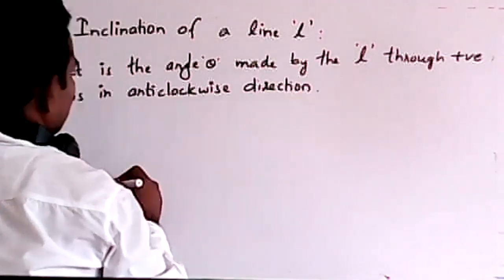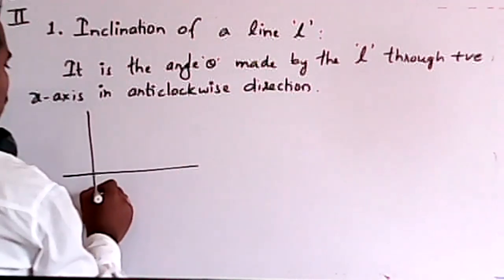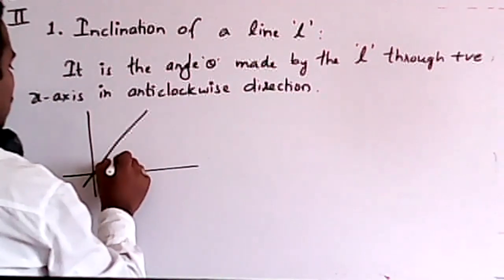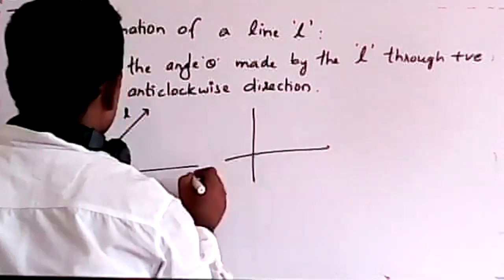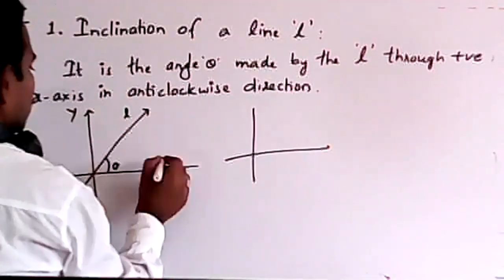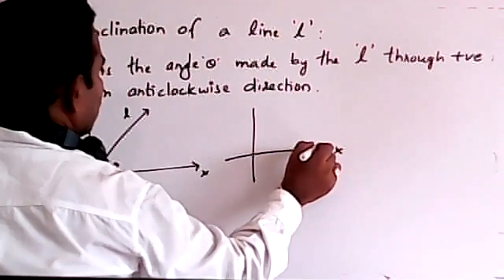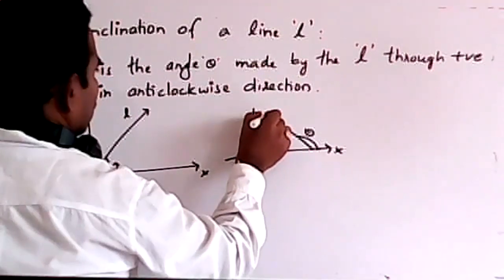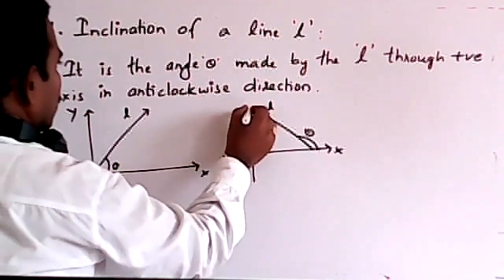Let me show the diagram how it looks now. So it may make the angle like this, or it may make the angle, this is y-axis, and here also it is x-axis. Sometimes it may make the line like this also, right? So it is no problem.